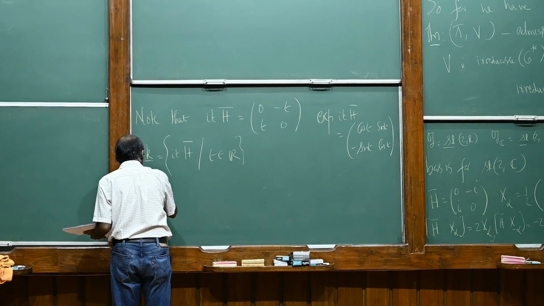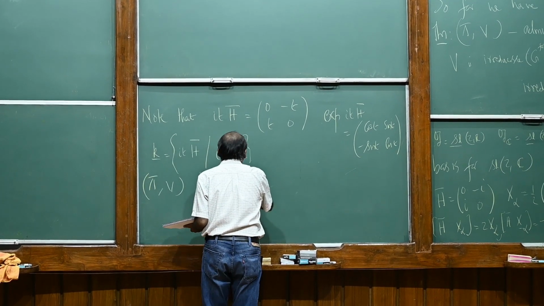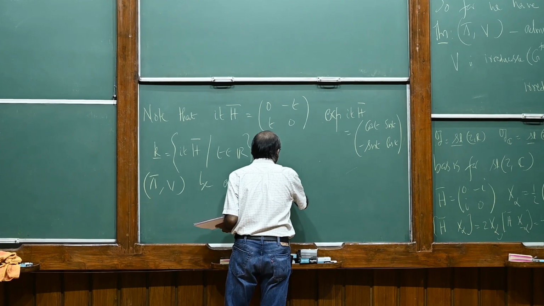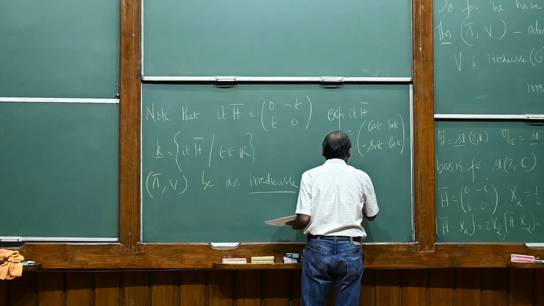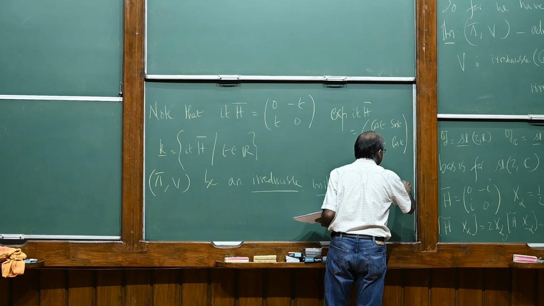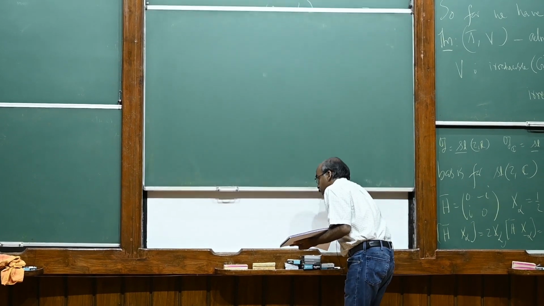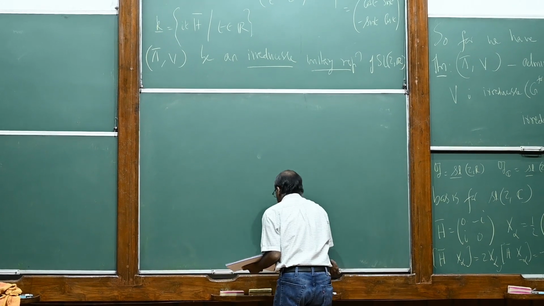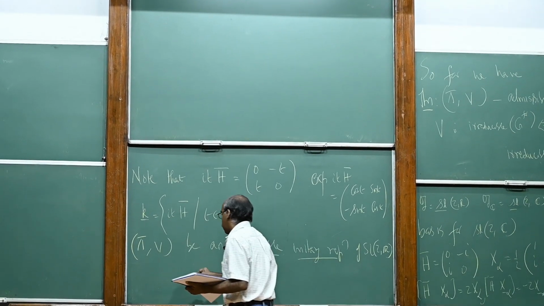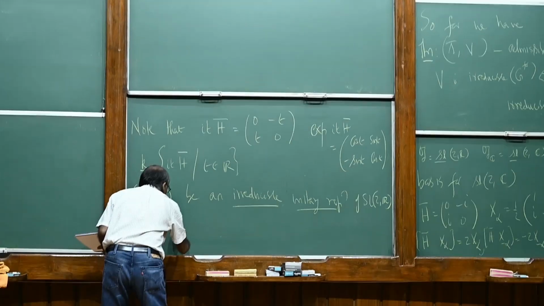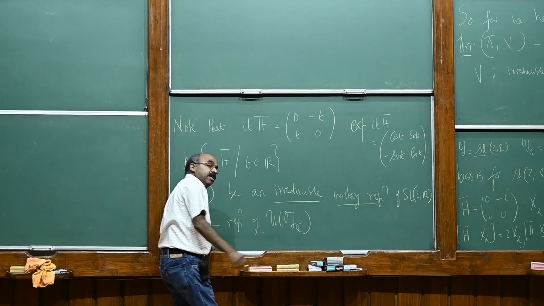So let pi, V be an irreducible unitary representation of G. We have the representation pi dot of the universal enveloping algebra.